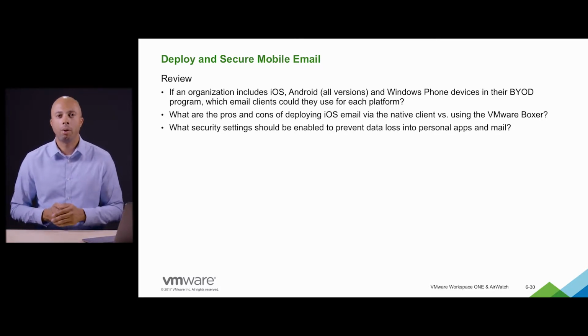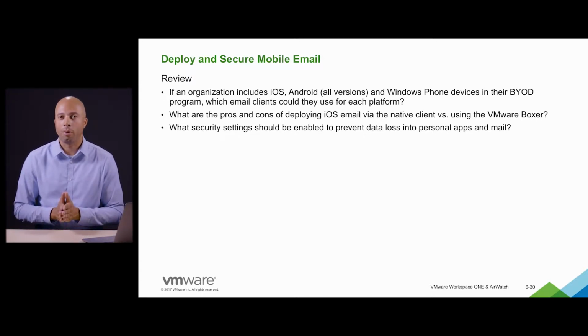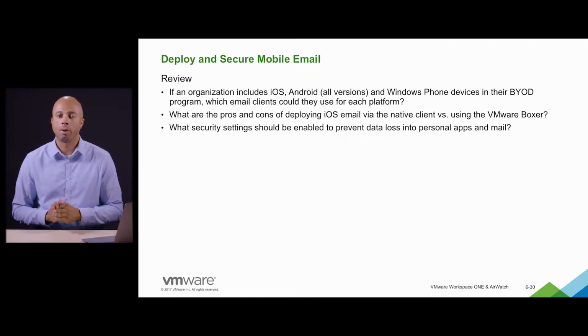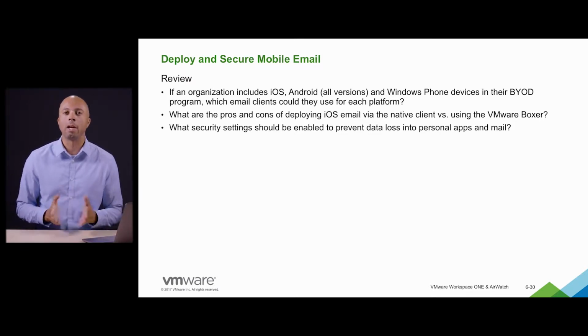Now, we support it on all iOS devices. On some Android devices, we support the native email client, and we only support the native email client for Windows Phone devices. Now, if we're going to use AirWatch Inbox, we support that still as well. That's available for iOS and Android devices also. The Lotus Traveler is going to be available for the Lotus infrastructure, and then the NitroDesk email client is going to be our third-party option for older iOS and Android devices.